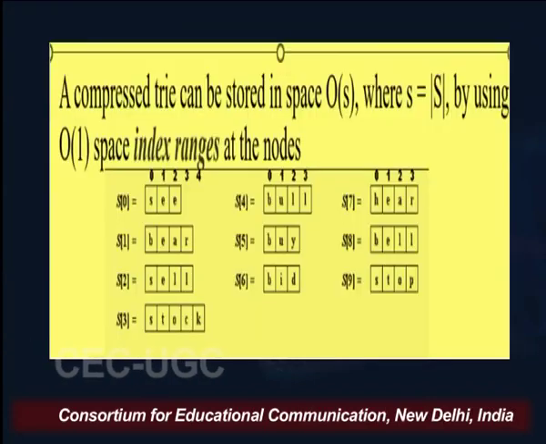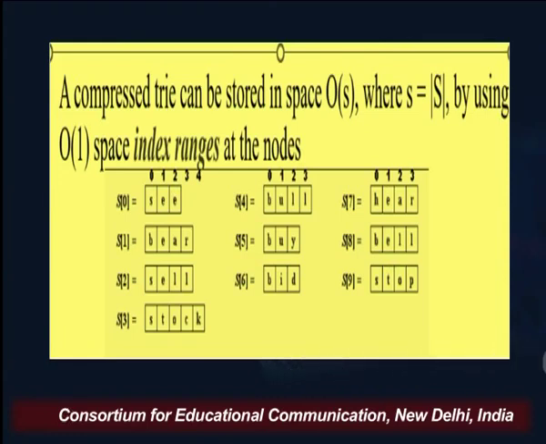Now, this compressed trie can be stored in space order S, where S is the number of strings in the set S, and it uses order 1 space index ranges at the nodes. Here we have S of 0, S of 1, S2, S3 until S9, all those strings which we have seen earlier.